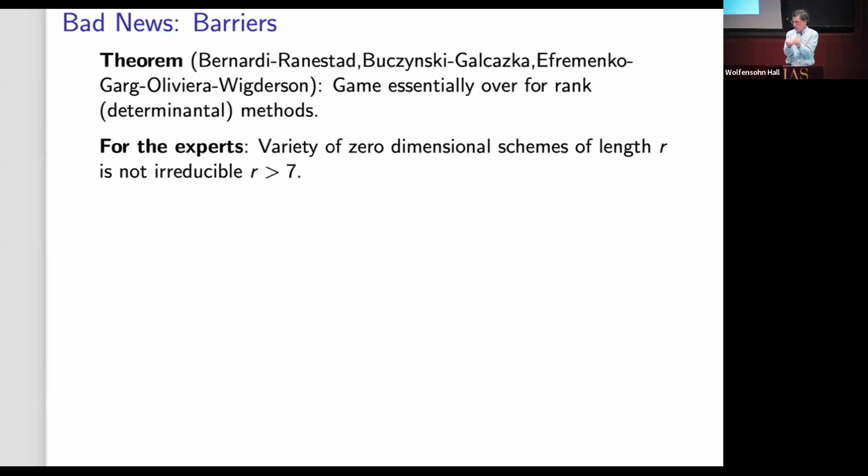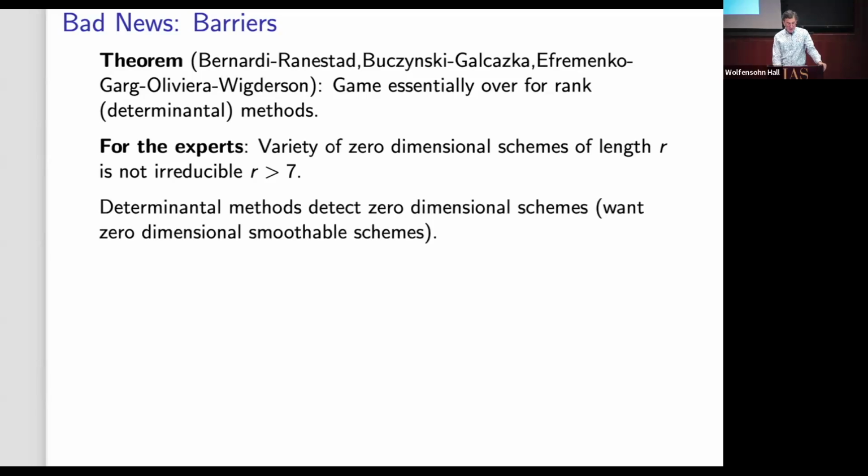Everything is a limit of 7 points, but once you go to 8 and beyond, you have this problem of uninvited guests in your Hilbert scheme. And we now understand why there's this problem with determinantal methods: they're detecting whether our point is in the span of a zero-dimensional scheme of length R, and what we want is our point to be in the span of a zero-dimensional smoothable scheme of length R.